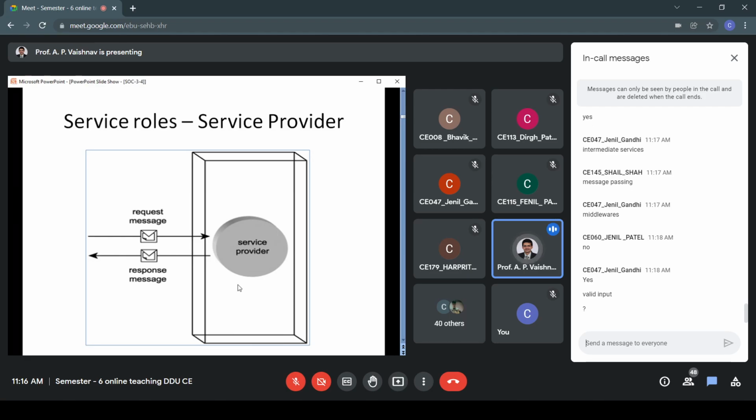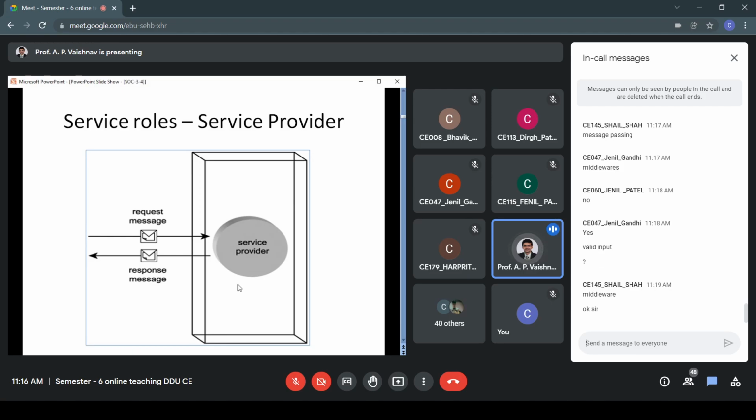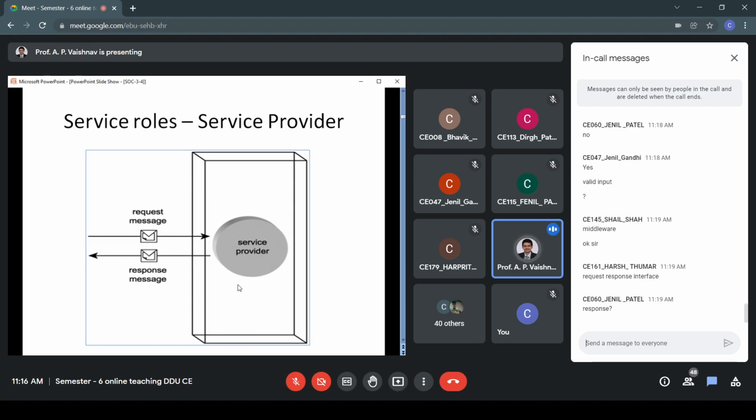The answer is there in this slide. Valid input. Okay, yes, it is a partial answer. Middleware is not always required. It is required only in some situations, right? But as a provider, what do you think? What is the basic request response interface? Yes, very near to the answer. Response, correct. Again, another near answer.